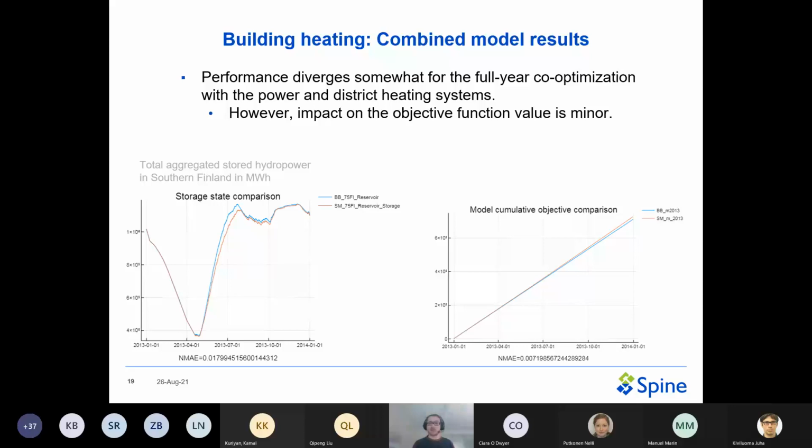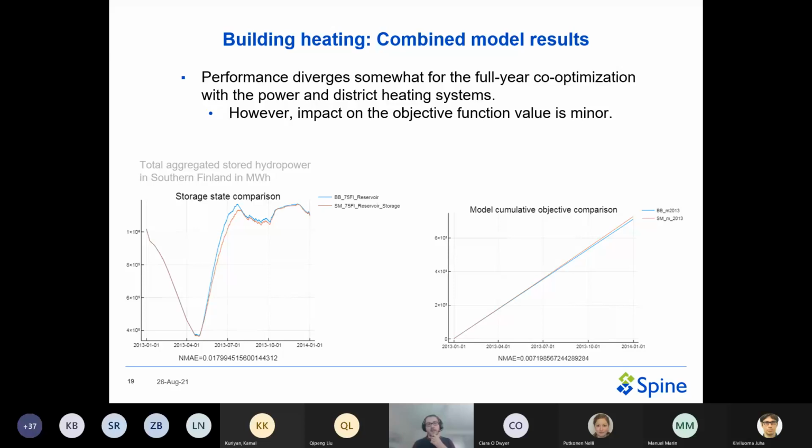And because this was a rolling horizon optimization, and you have very long-term energy storages in form of hydropower reservoirs, these sort of little differences tend to compound. And the model behavior starts diverging during a rolling horizon. But ultimately, both models ended up in rather similar situation by the end of the year.